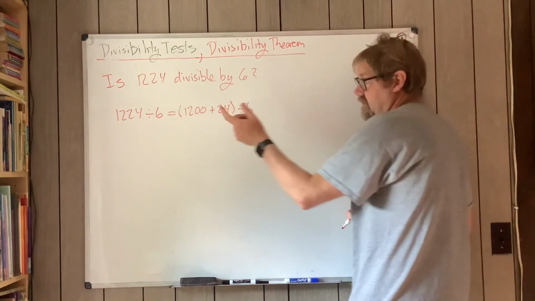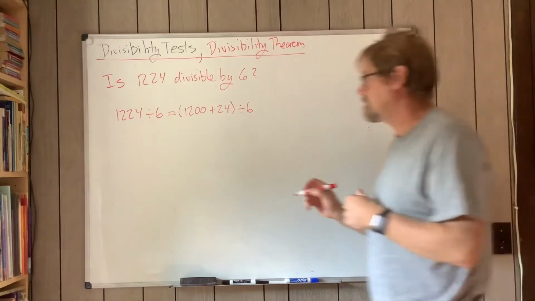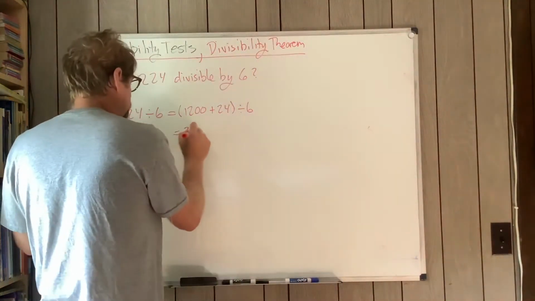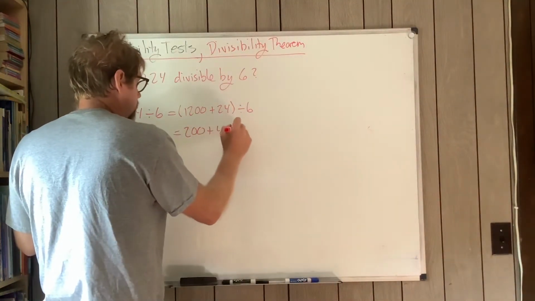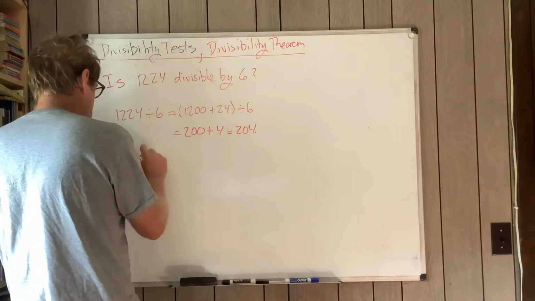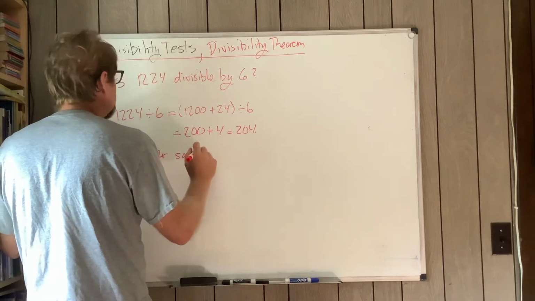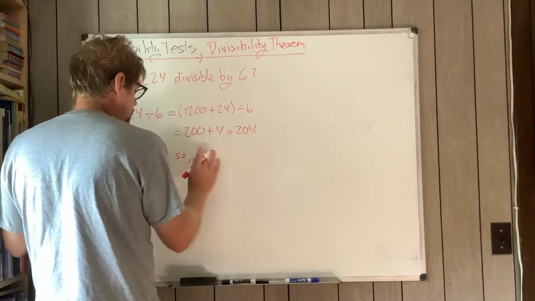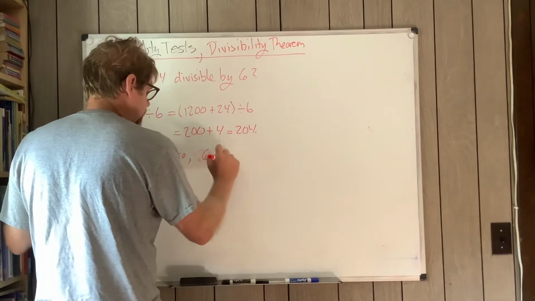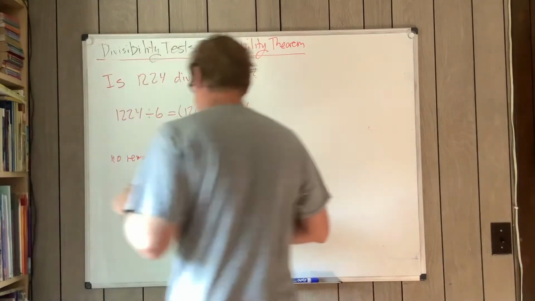You just have to see that I got a 1200 and I got 24. And I'm thinking about these. Each are going to be, this is 200, right, plus 6. No remainder. So I'll say 6 divides 1224.